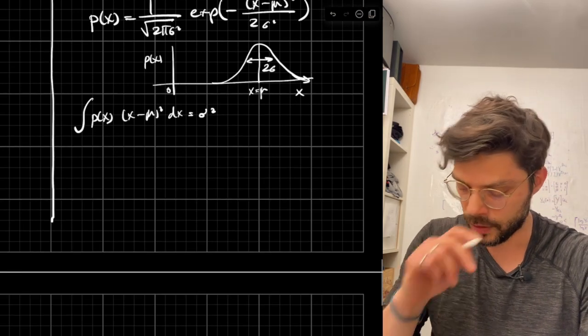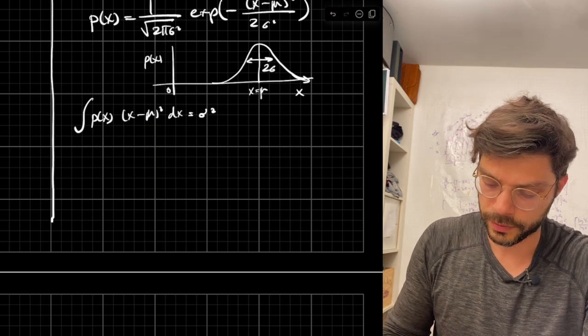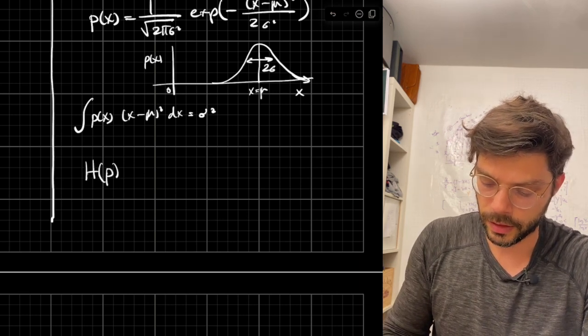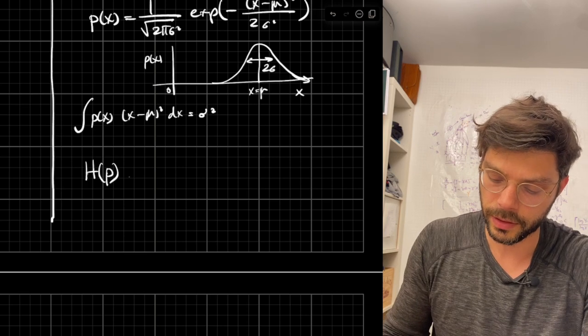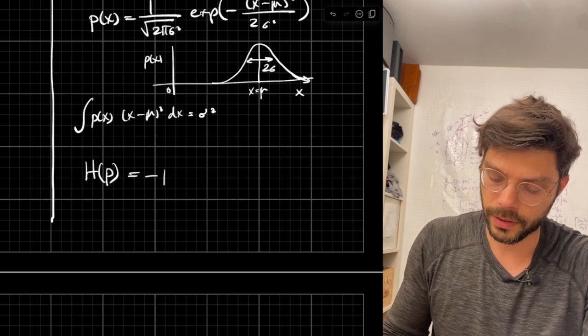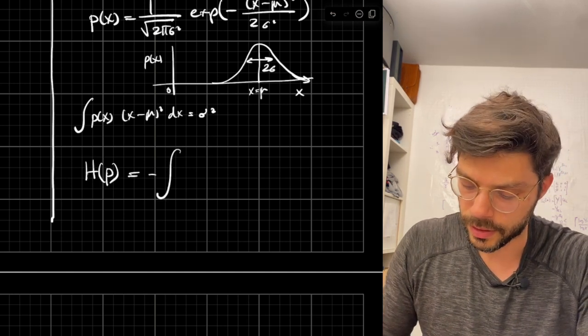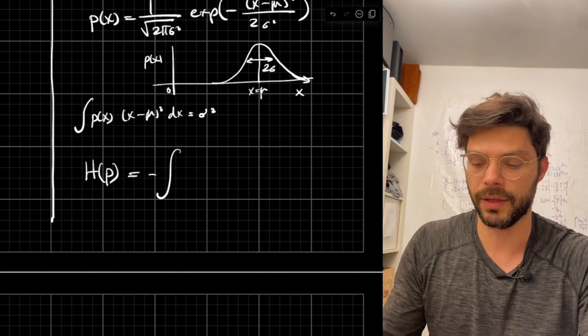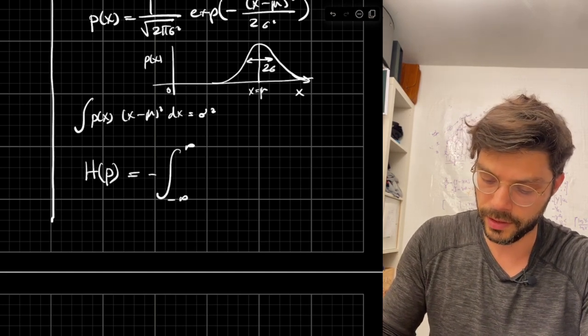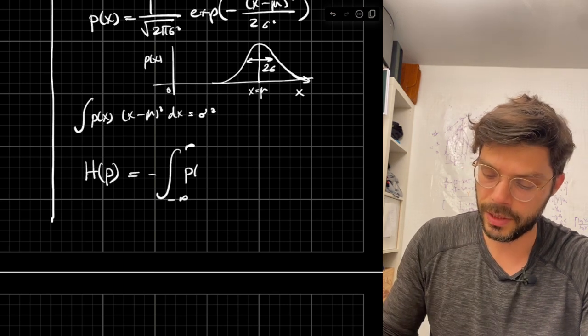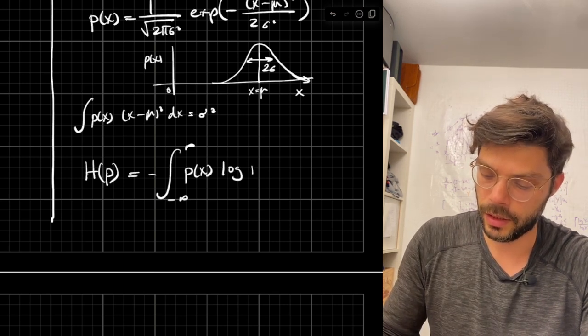Okay, so again, as before, for the third time, the differential entropy is... see, done it 3 times, I messed it up. Okay, so what's the domain of the Gaussian distribution? Well, it goes from -infinity to infinity of p of x log p of x.